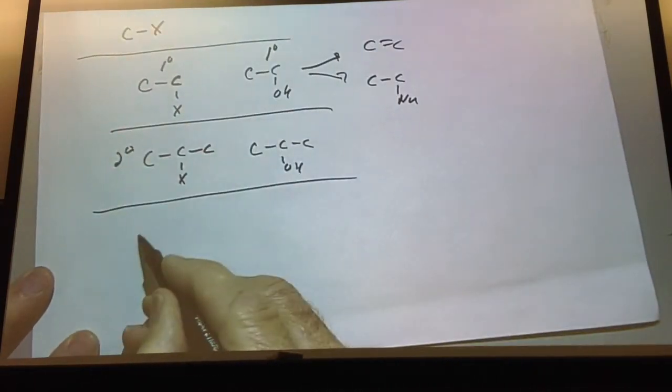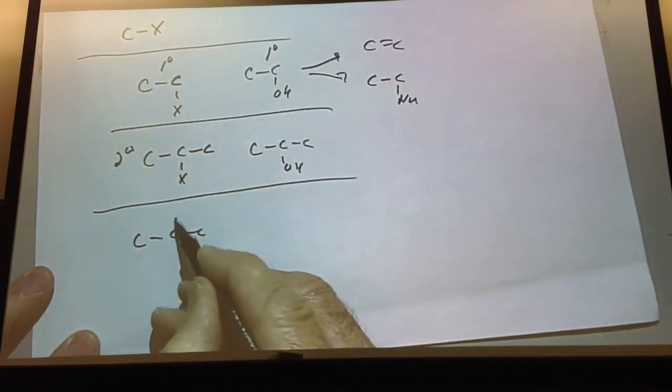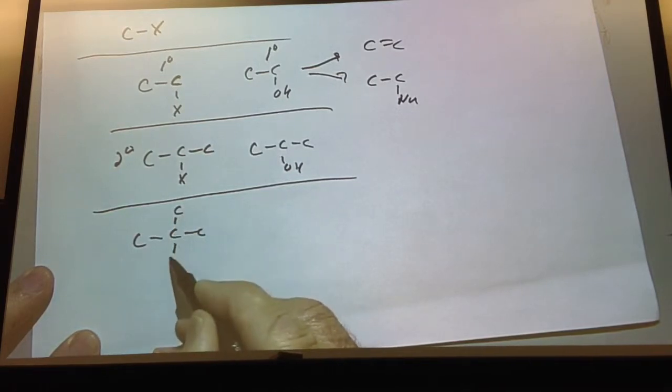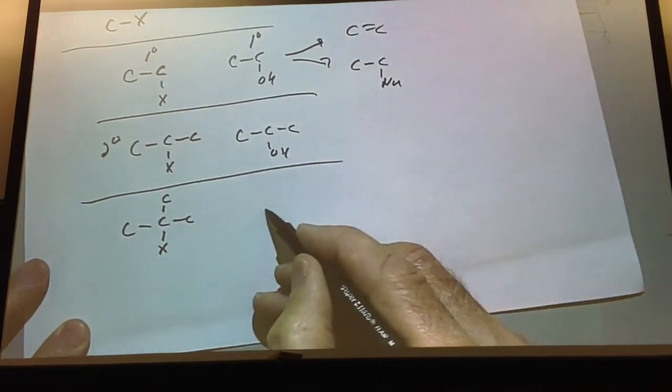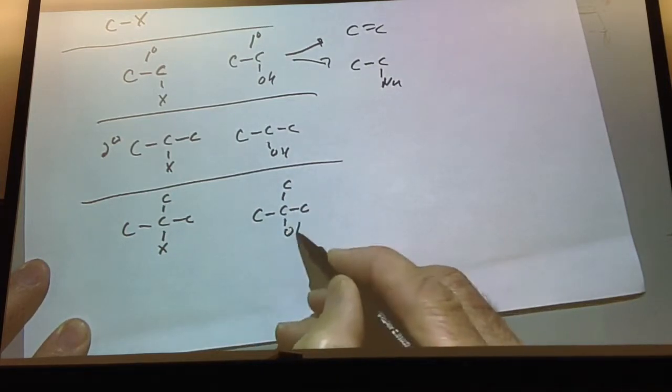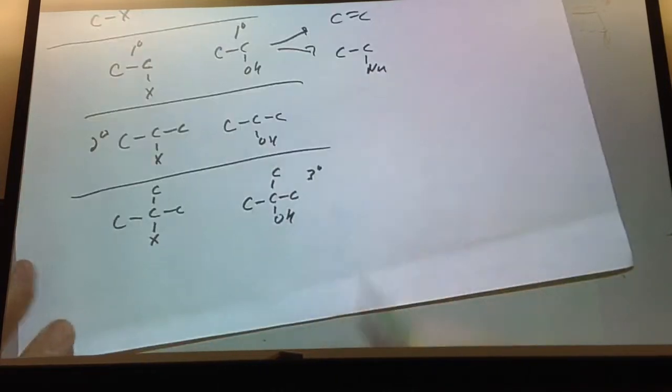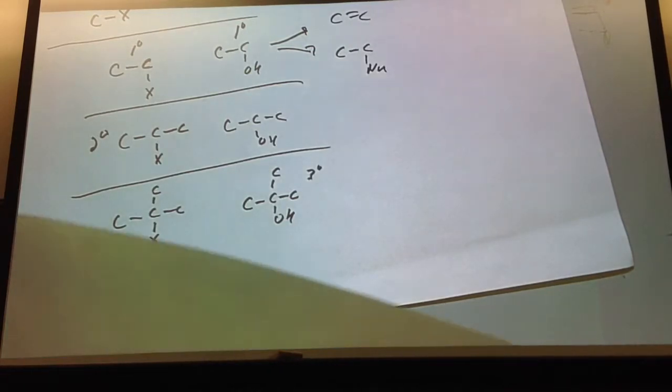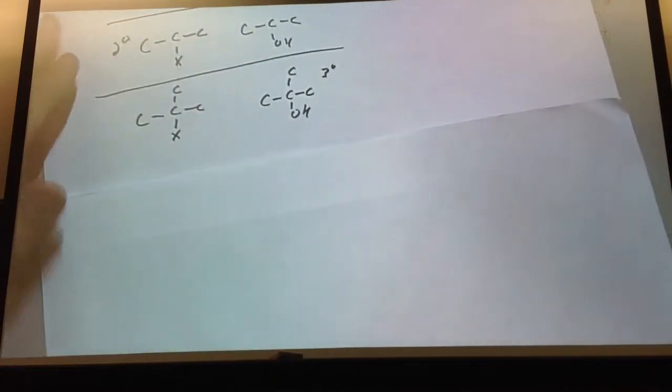And then the third degree alkyl halide, the carbon has a halogen and has three carbons attached to it. And this is the third degree alcohol. Okay, so first, make sure you understand that. And then let me give you a trend, and then a bunch of hand-waving arguments to try to convince you why this is so.